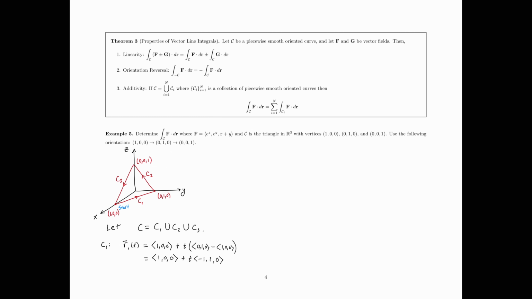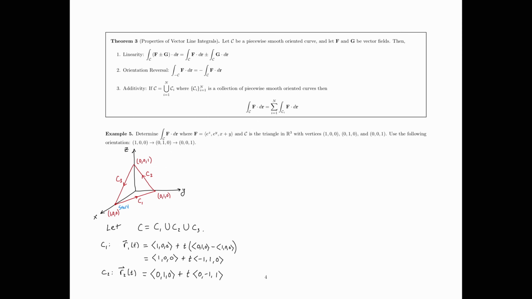All right. C2, which will be R2 of t. This will be 0, 1, 0 plus t times, I won't go through all the motions again, we should just be able to get the fact that our y component is going to decrease and our z component is going to increase. So we'll get that.